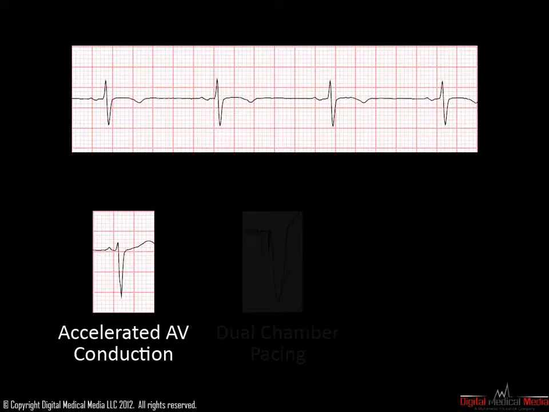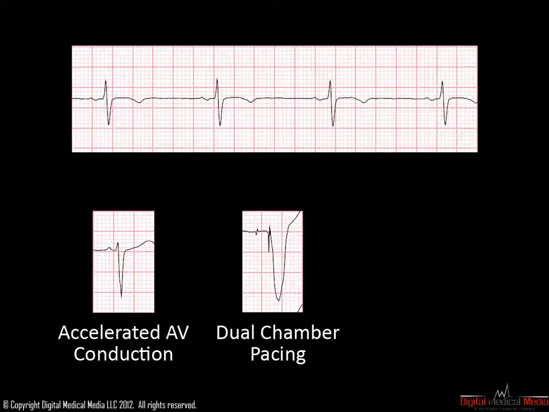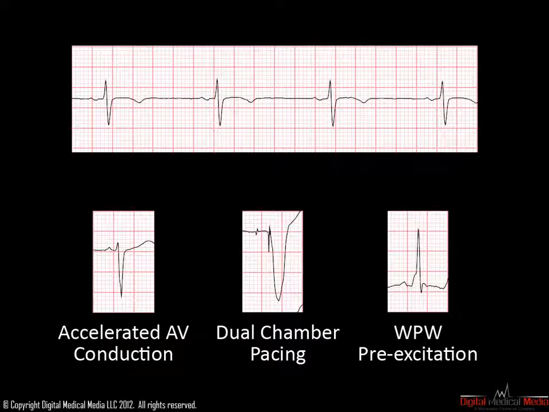The second cause is dual chamber pacing with a very short AV delay programmed into the device. And the third is WPW preexcitation. WPW is manifested by a very short PR interval with loss of the PR segment and a sloping beginning to the QRS complex. This sloping can occur both in the upward and downward directions.